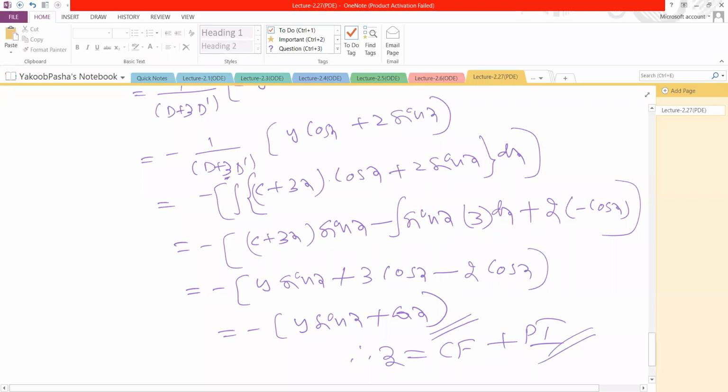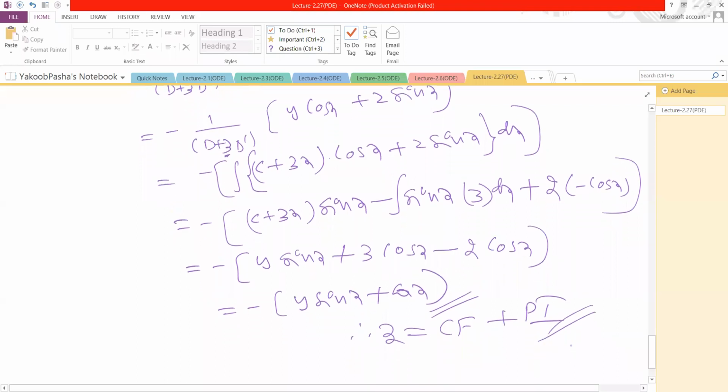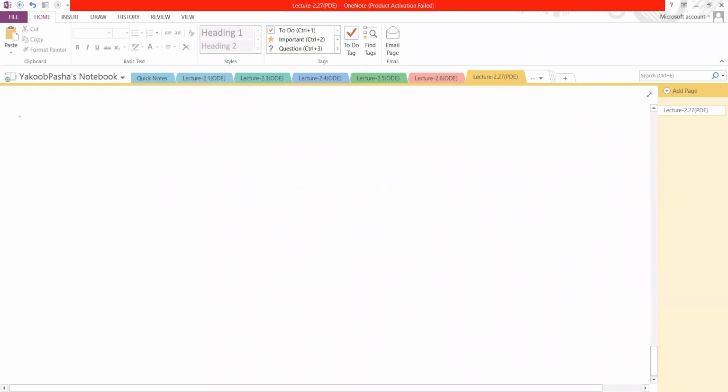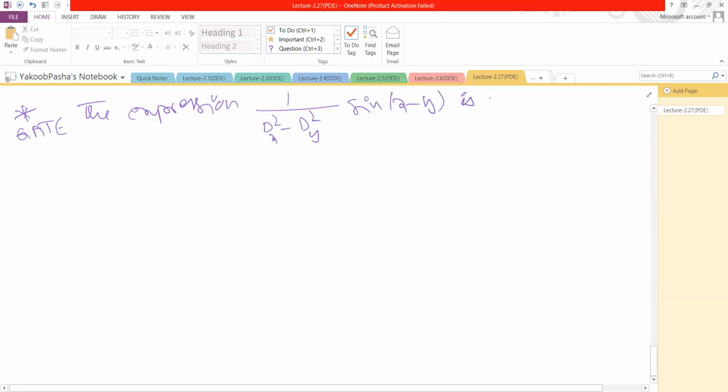Okay. Now I am taking one problem from the expression: 1 by dx square minus dy square of sin x minus y is equal to.